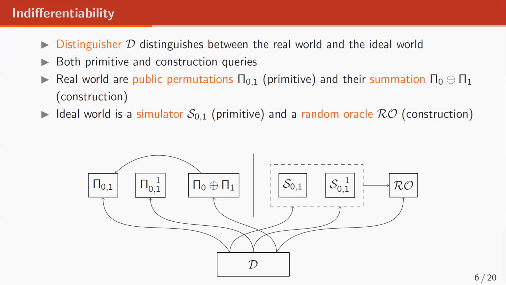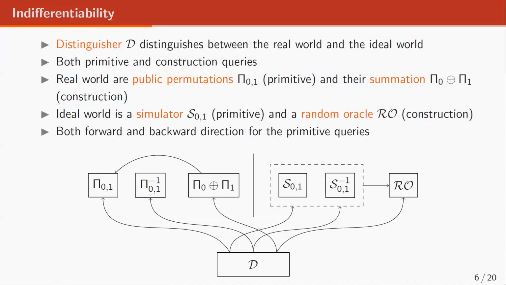So it has query access to this random oracle to achieve that. And finally, because we consider permutations, they also have an inverse direction. So the distinguisher also has access to the inverses of pi 0 and pi 1, and we also have to define an inverse simulator.